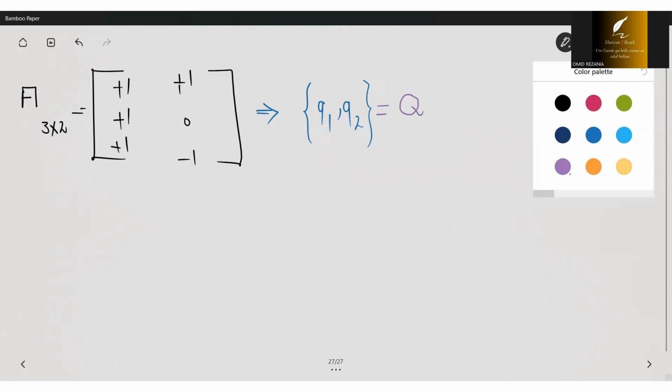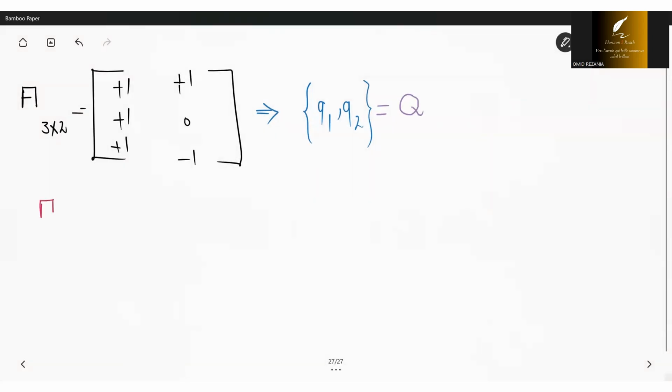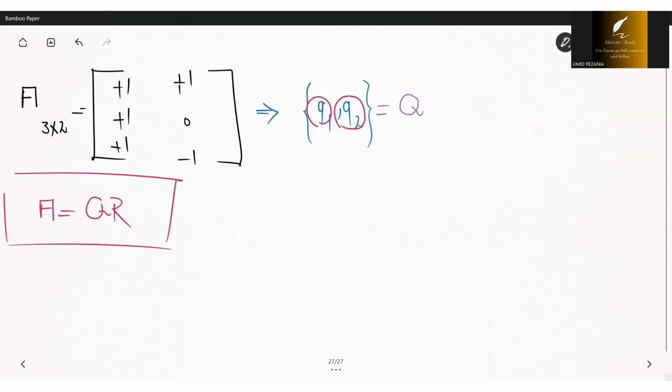Because remember, I said that the matrix A, which I started here, becomes Q times R. You remember that's the main formula that we're looking for to factorize this into this format. Now, the Q1 and the Q2 from this method build the Q matrix.